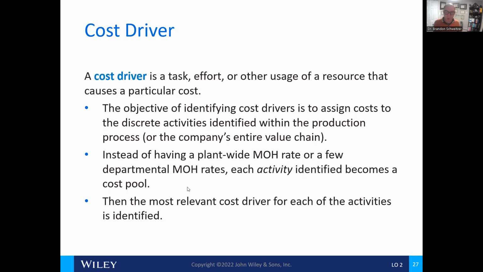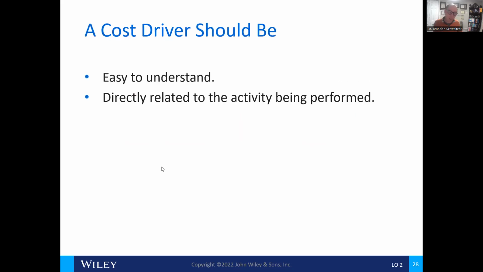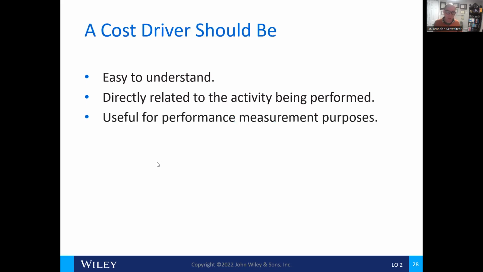This is the most relevant cost driver for each activity. Cost drivers should be easy to understand, directly related to the activity being performed, and useful for performance measurement purposes, in order to understand the allocation.